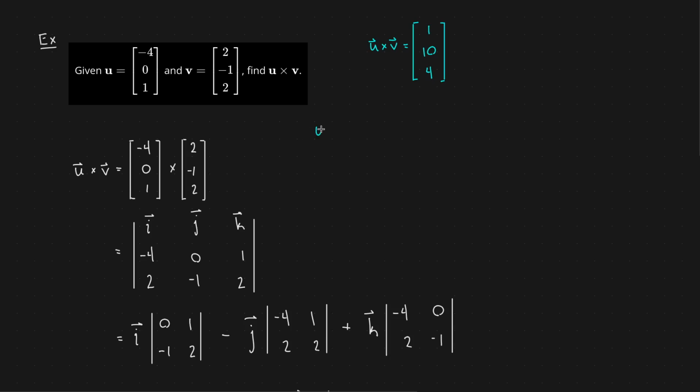So I'm going to take U cross V, and the vector I get from that, I'm going to take the dot product of that and vector U. U cross V is 1, 10, 4, and vector U is negative 4, 0, 1.